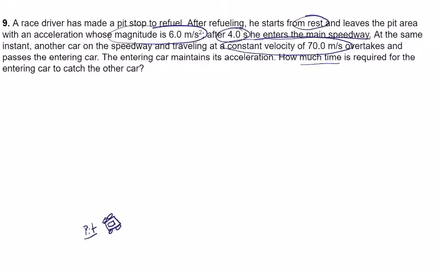So the idea is the car starts out here, it's 0. So it has an initial velocity of 0, and it's going to basically accelerate and get onto the track. And this is going to take 4 seconds to do, and it has an acceleration of 6 meters per second squared, or 6 meters per second per second. That's important.